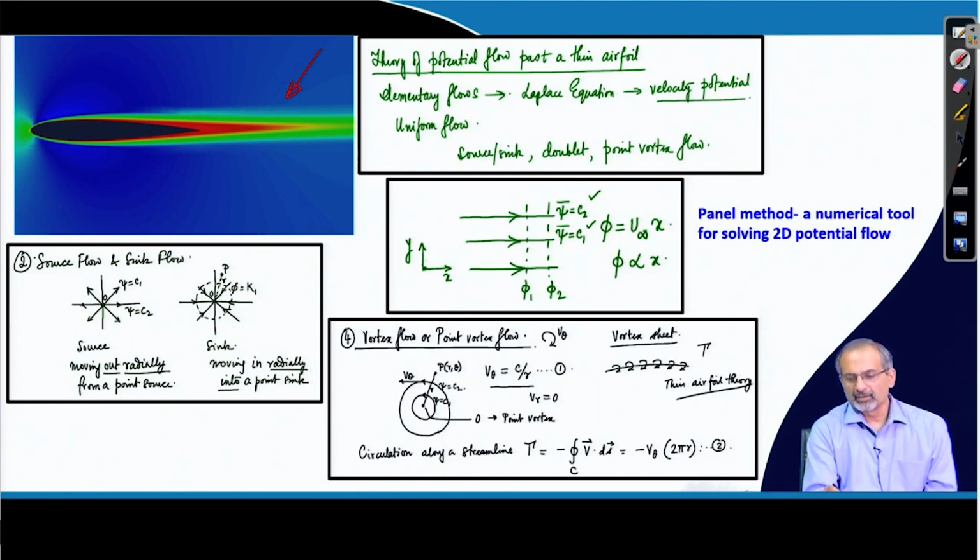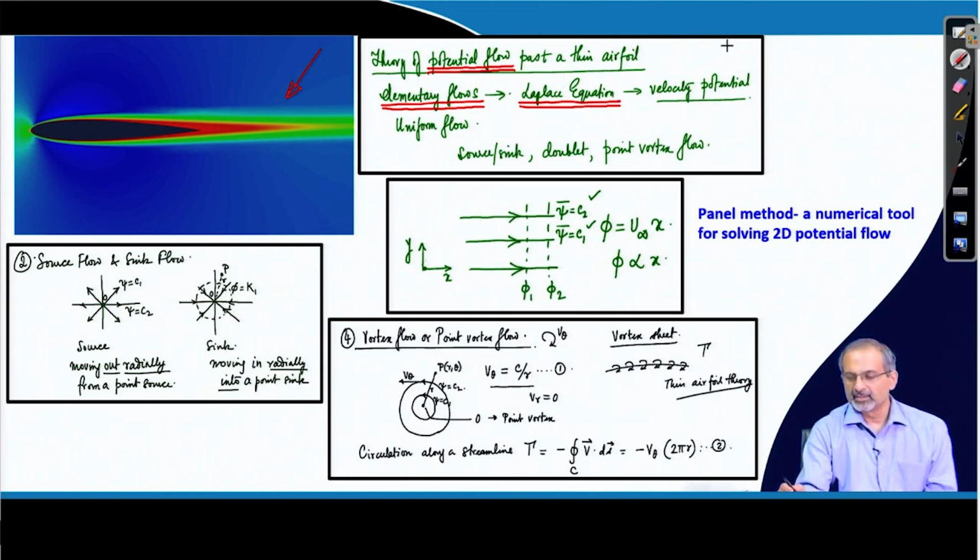Now, we were talking about solving potential flow past the airfoil, and you remember that the governing partial differential equation for the incompressible regime is the Laplace equation, and there are certain elementary flows that we looked at which are solutions of the Laplace equation.